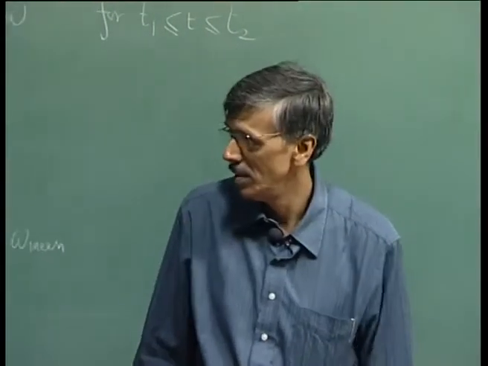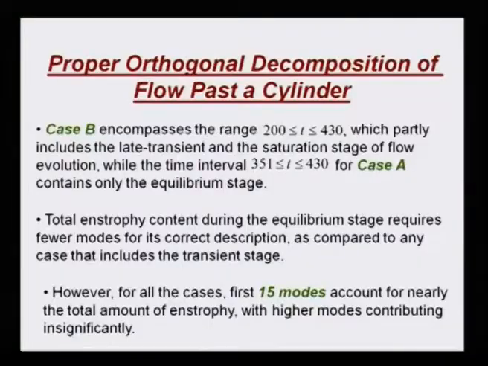Okay. Now, if I look at all the cases, what we are saying is that if we go up to the first 14, 15 modes, then we account for most of the entropy, and of course, higher modes keep on contributing incrementally smaller and smaller quantum.